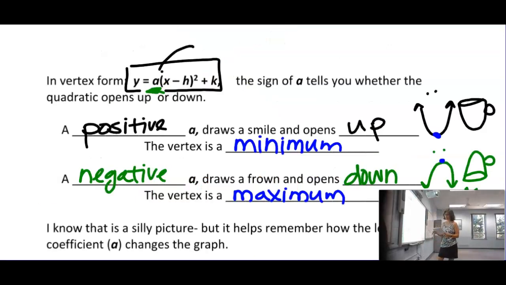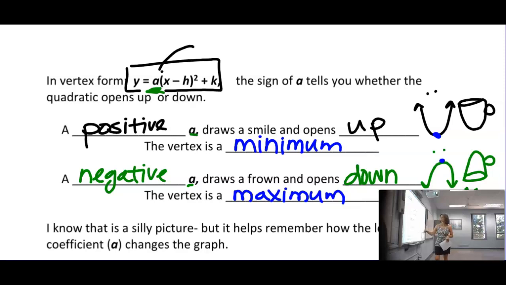As we are looking at this, a positive makes kind of like a smile, or it opens up, or like a cup, right? It can hold things. A negative A draws a frown or upside down, right? Here's my frown. Isn't it cute?